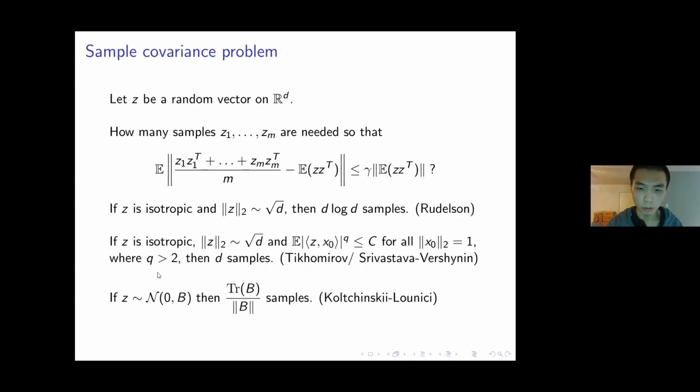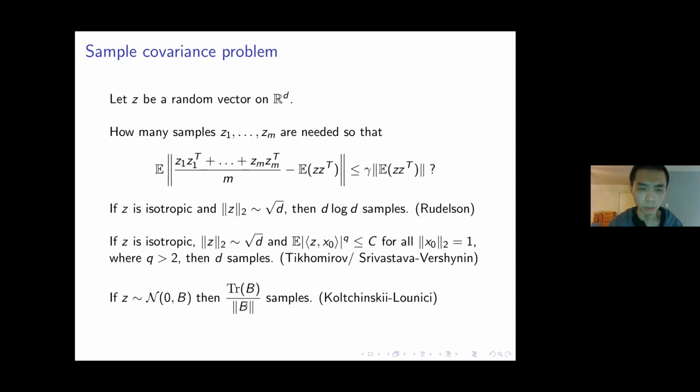For the non-isotropic cases, one of the simplest models is Gaussian, but where the covariance matrix is not the identity. Then the effective rank of the covariance matrix is the number of samples we need.